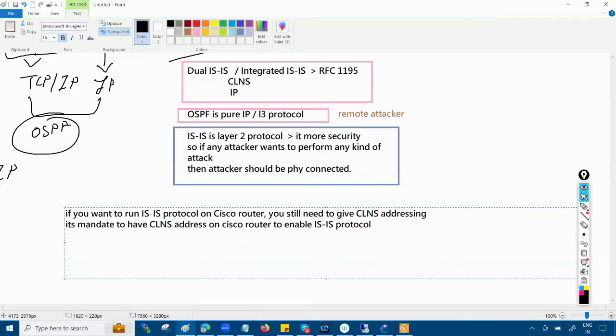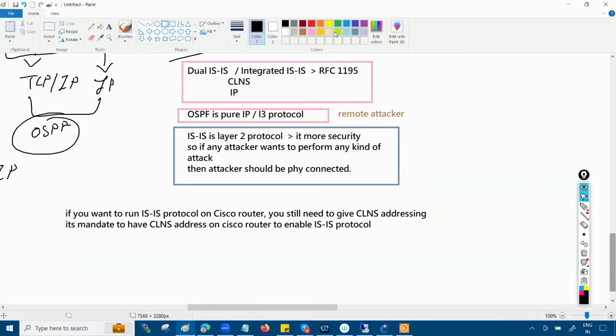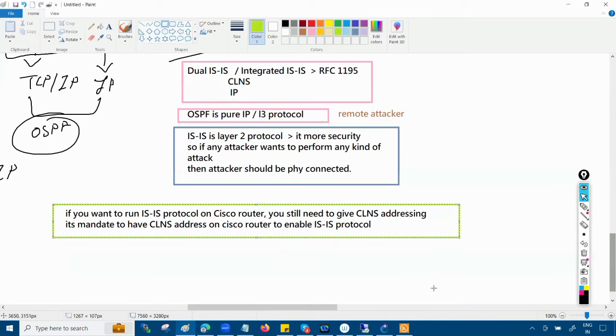As I told you, ISS is a layer 2 protocol, right? But you really need to give the CLNS addressing. If you don't give the CLNS address, you cannot run ISS on the Cisco router. You really need to take care of it.